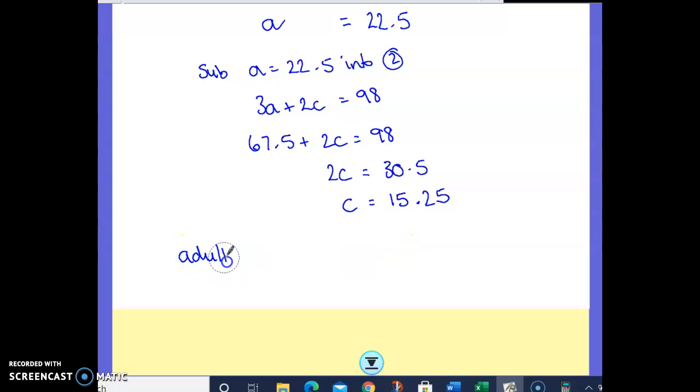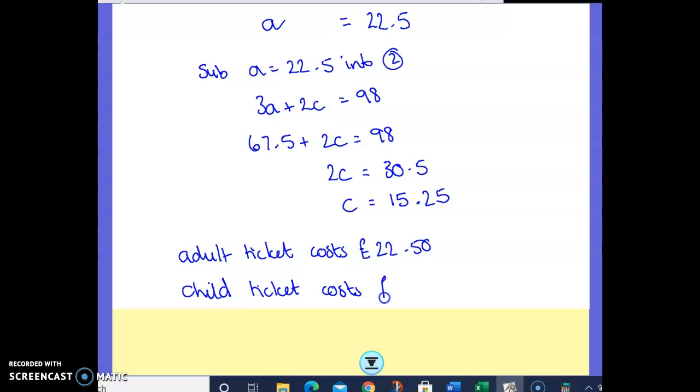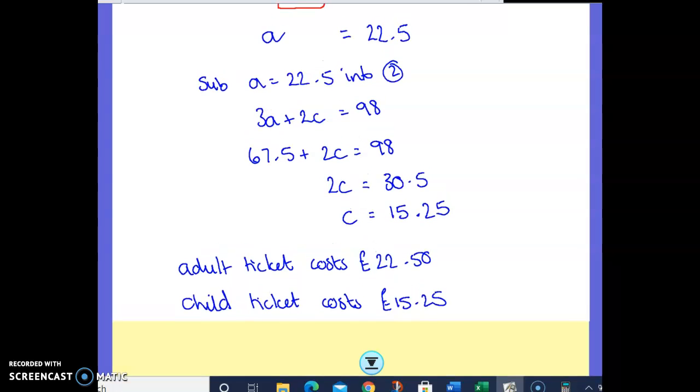An adult ticket costs £22.50. Child ticket costs £15.25. And we can, as ever, check in the other equation.